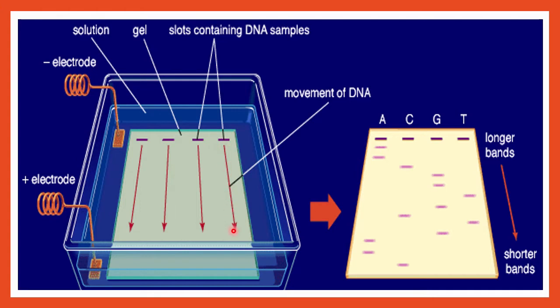Why is it so? Because DNA itself is negatively charged, that's why it will move towards the positive charge. So DNA movement will be in this direction, and as a result, according to their molecular weight, the fragments will be separated.